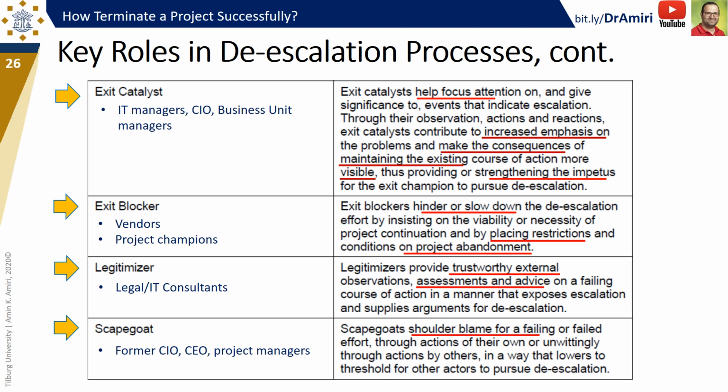These are usually former CIOs, CEOs, and project managers. At IVK, the role is played by Jay Palmer, the project manager, who is already leaving IVK to do a long-term executive program at the business school.